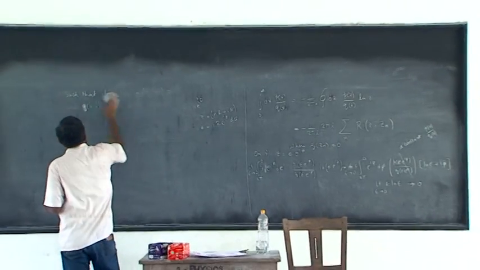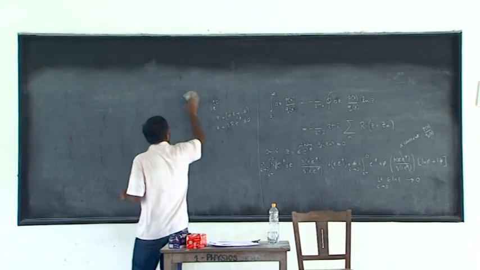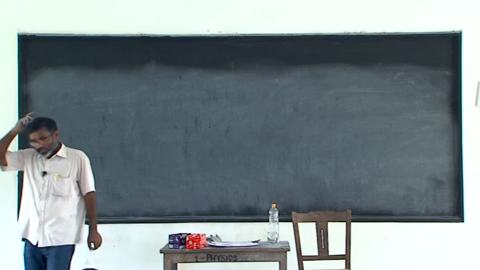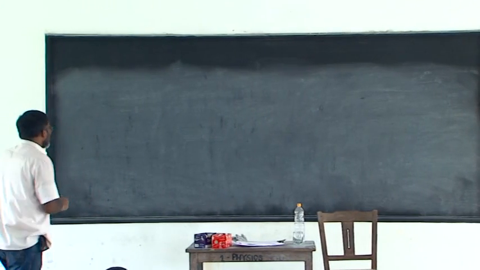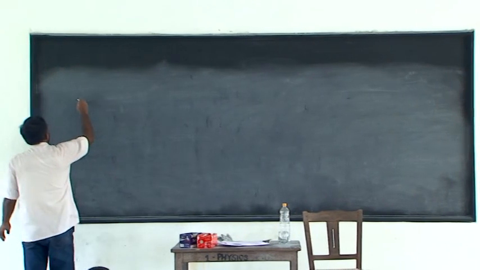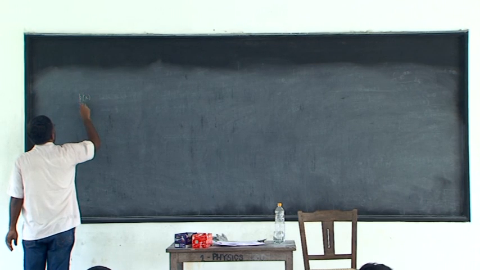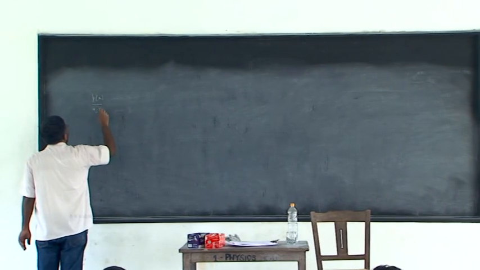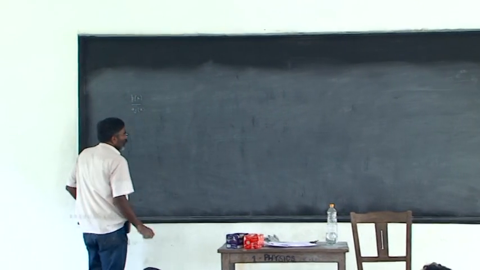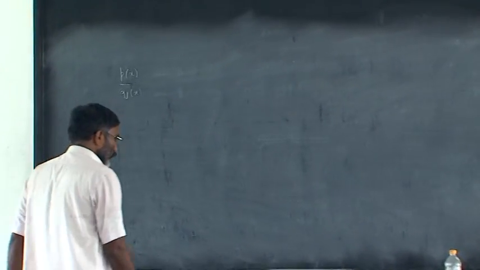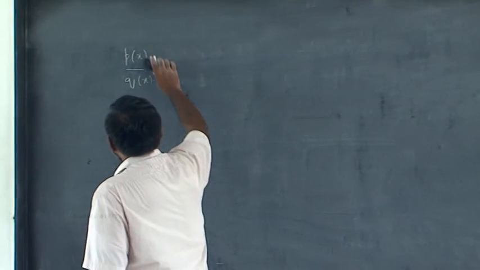Another general result, just someone asked me during the tea time. This reminds me that someone asked me at the tea time that if you have a rational function like this, suppose p of x divided by q of x. We have a rational function, let me call this rational.